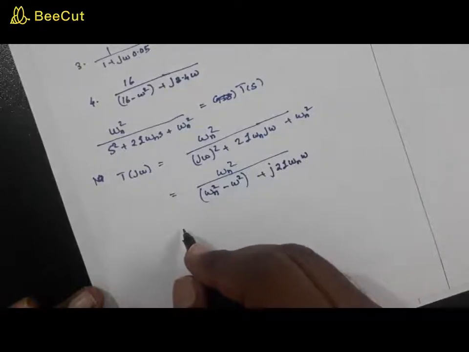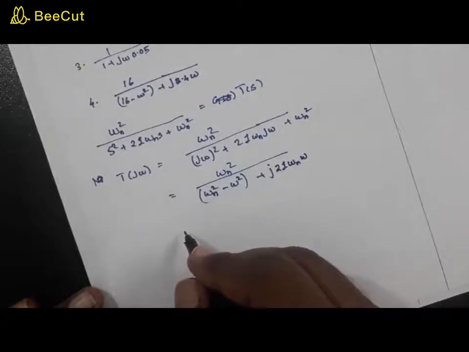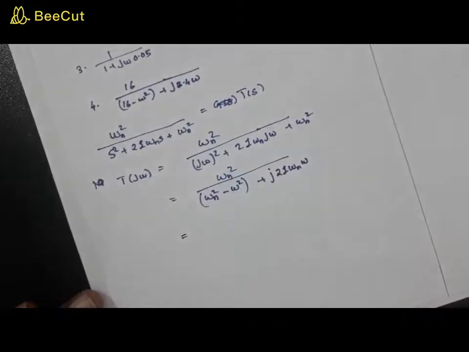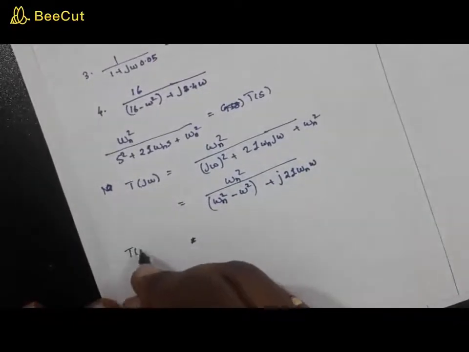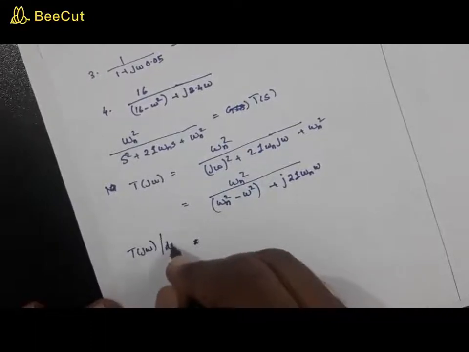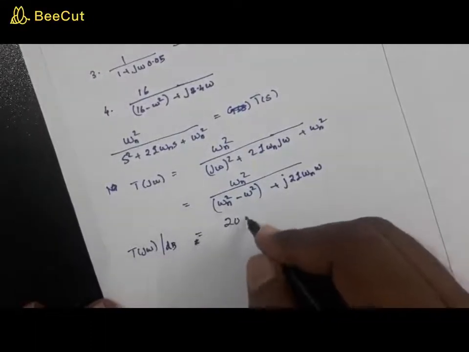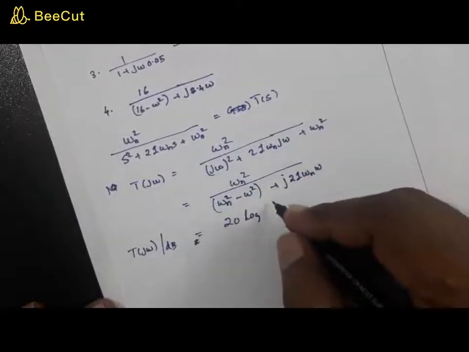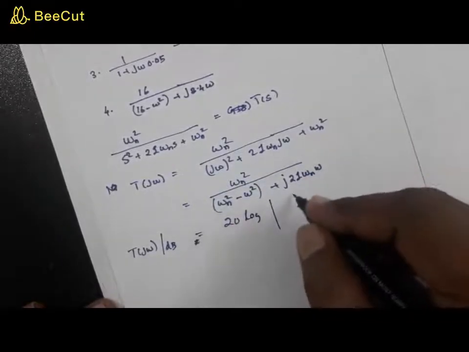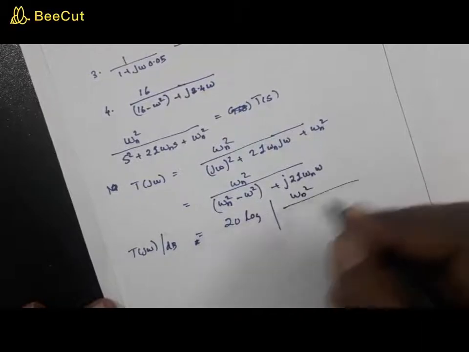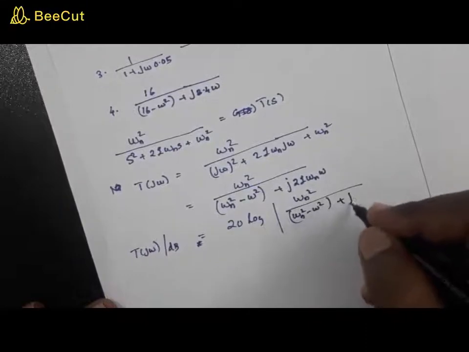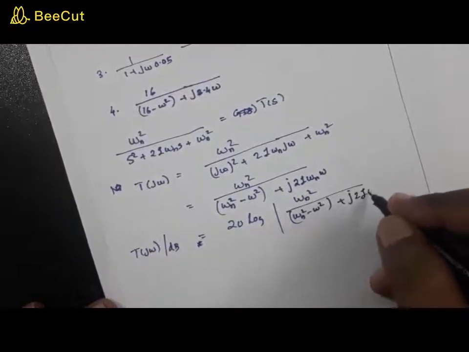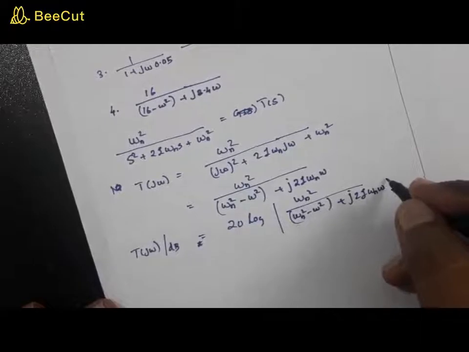Now, expressing this T(j omega) in decibels, how will you express this? This is nothing but 20 log of this whole thing: omega n square divided by omega n square minus omega square, plus j into 2 zeta omega n omega.